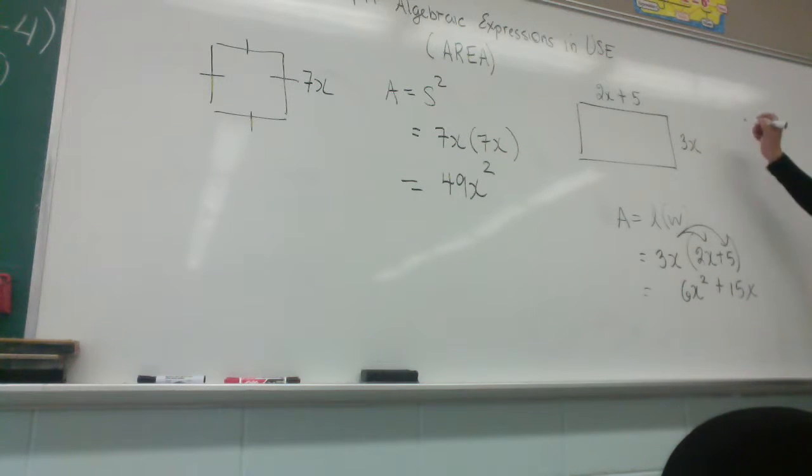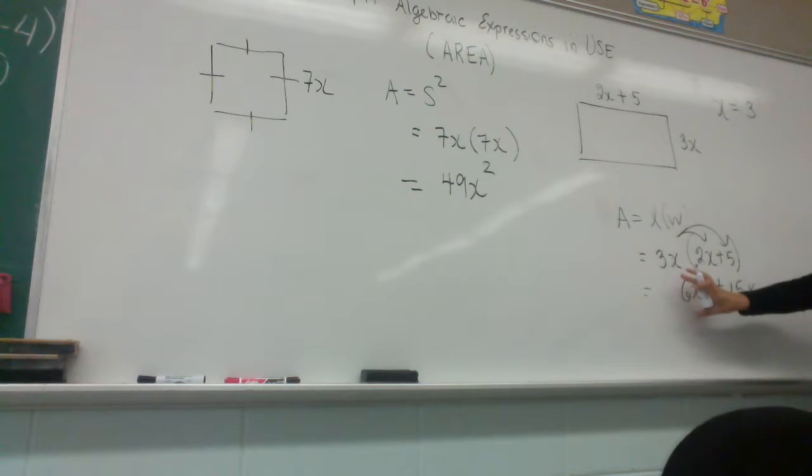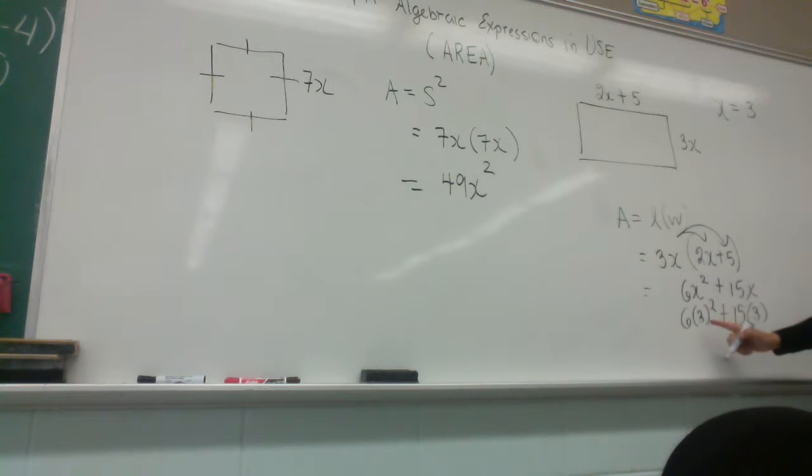So had I said to you, hey, by the way, x is equal to 3, then you'd be like, okay, let me take my answer here and replace the x by 3 to get a numerical answer, which would be 6 times 3 squared plus 15 times 3.